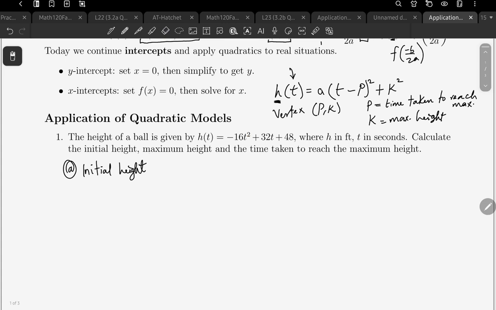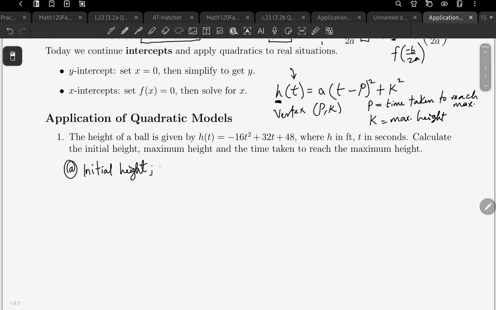We know that for any motion, the initial height is usually the height when we begin. And when we begin the motion, t has to be equal to 0. So when you are told to find the initial height, it is tantamount to asking for the height when t equals 0.